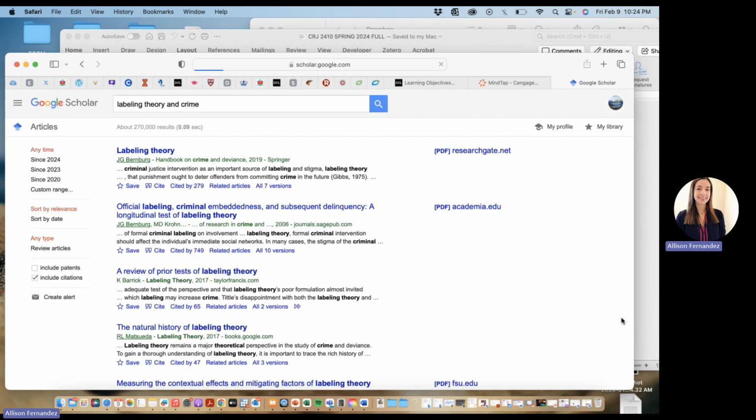Click search. And all of these results, because they're on Google Scholar, you can rely on these and know that they're written by criminologists and sociologists, sometimes psychologists, but they're definitely from social scientists that are written in peer-reviewed articles or in books and other reputable sources.